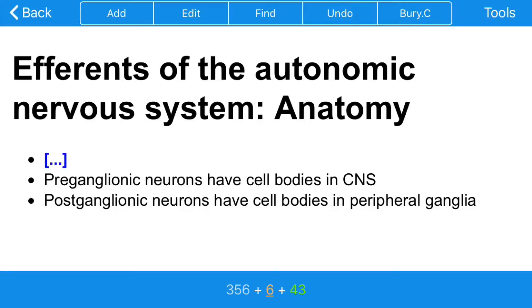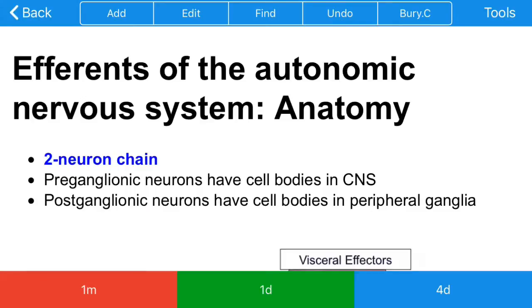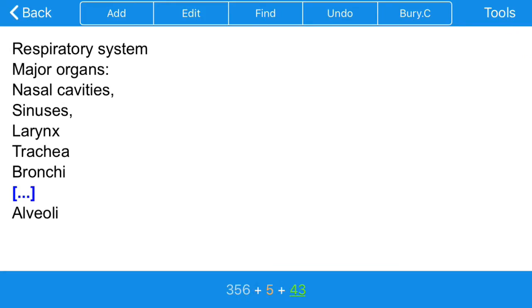Efferents. Okay, this is the new 2-neuron chain. Bronchioles, lungs, right.